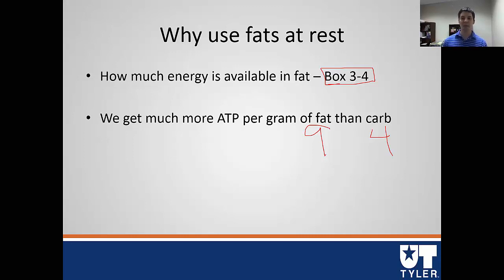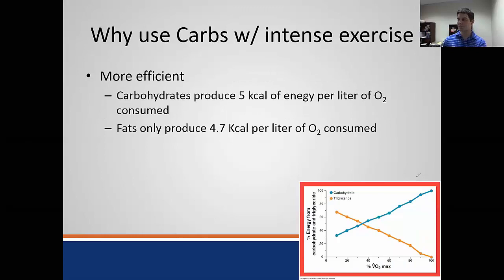Okay, so then if we don't have that many carbs, why do we see in this figure, our crossover figure that we talked about, that we use carbs during high intensity exercise? Why aren't we using fats if we're producing more ATP per gram, right? Per gram, yes, we produce more ATP.